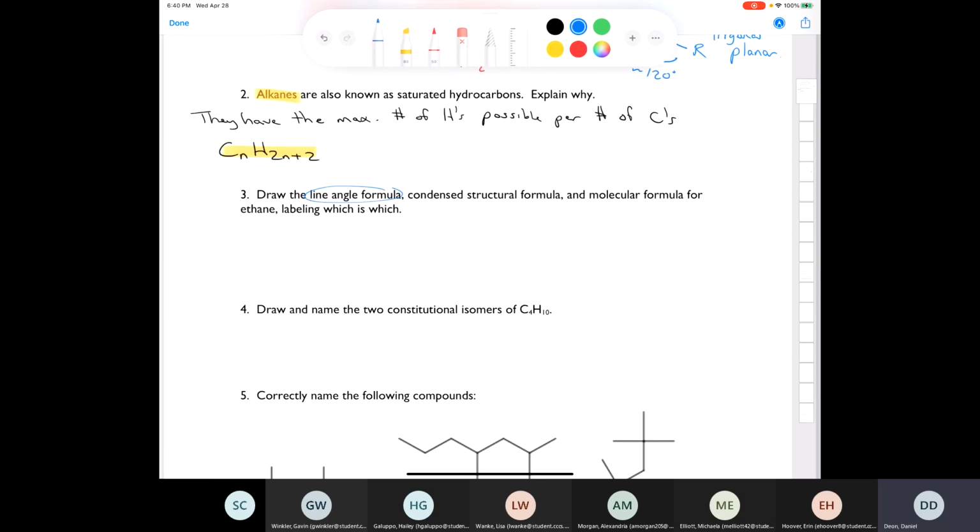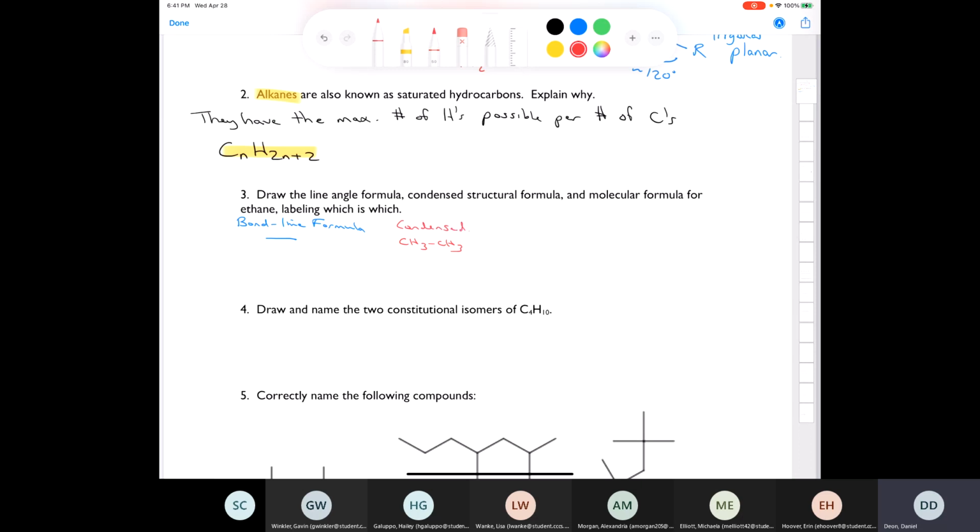Question number 3 says draw the line angle formula, which is the same thing as a bond line structure, condensed structural formula, and molecular formula for ethane, labeling which one is which. Let's start with the bond line formula, which I think is the easiest one. That's just going to be a line like this. The condensed structural formula is going to be CH3CH3.